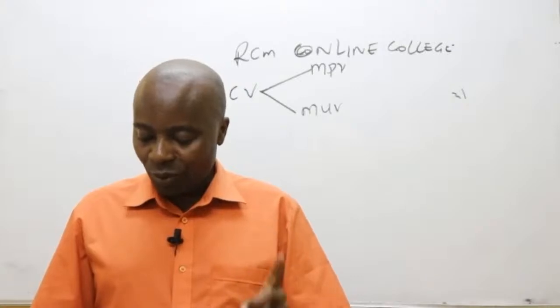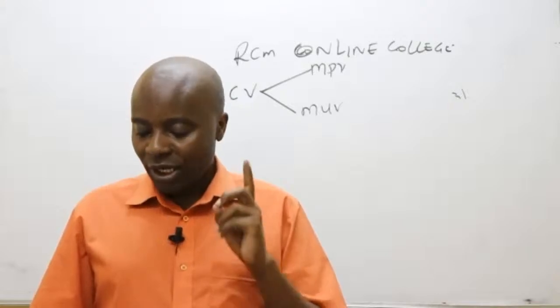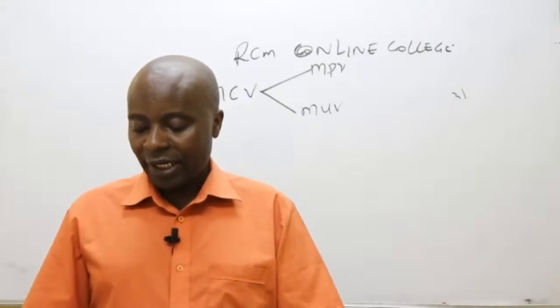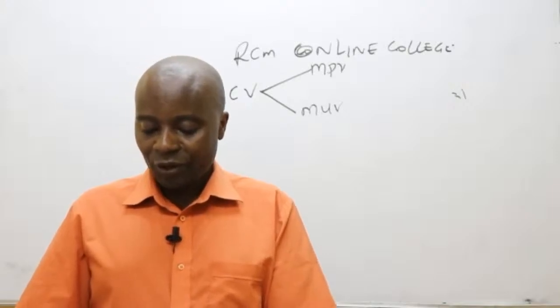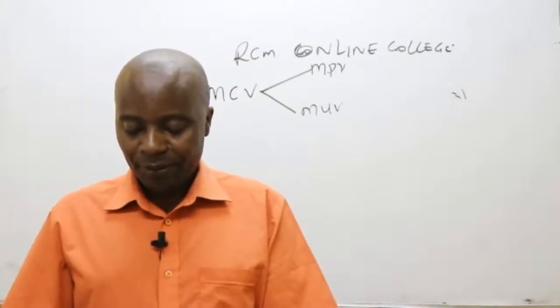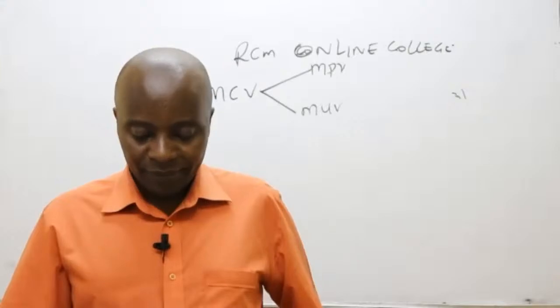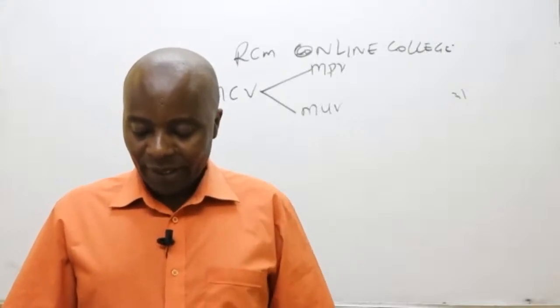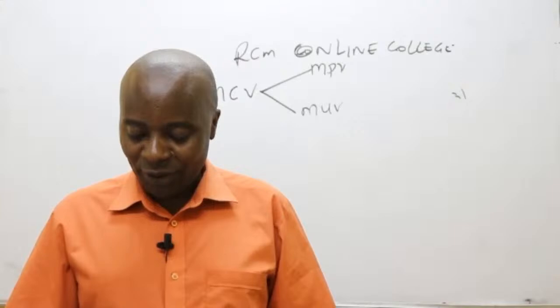This is for Section 5, and I want them to write for us the material price variance. All of them have forgotten totally.